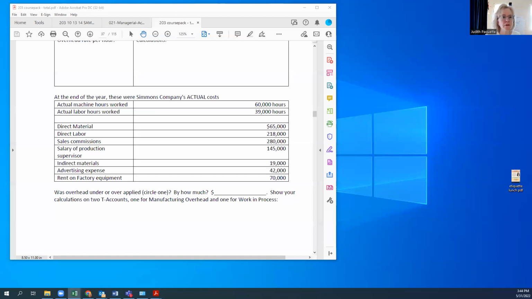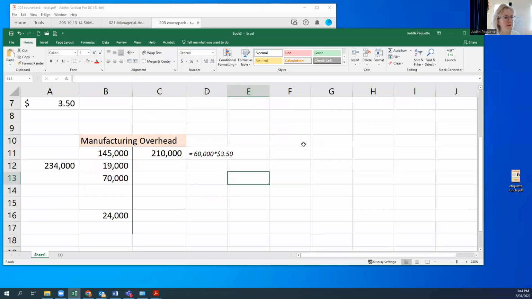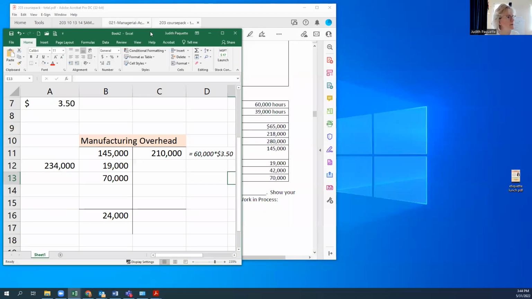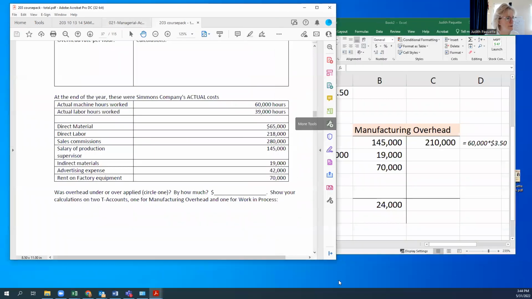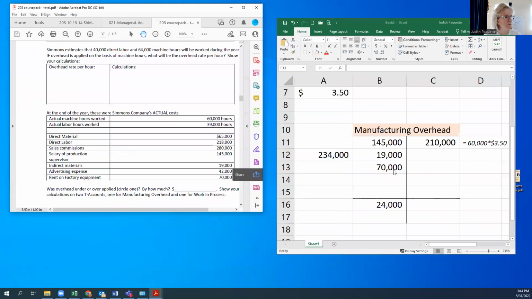Okay, so here's the solution. Again, with our solution, we're going to use those same cost allocation categories.